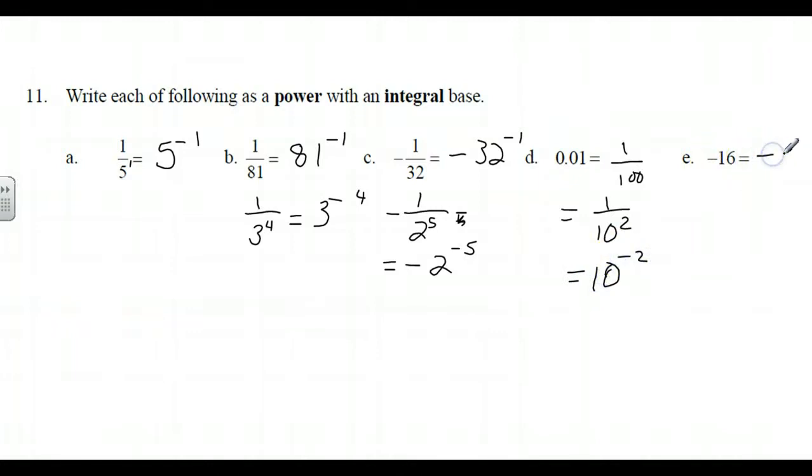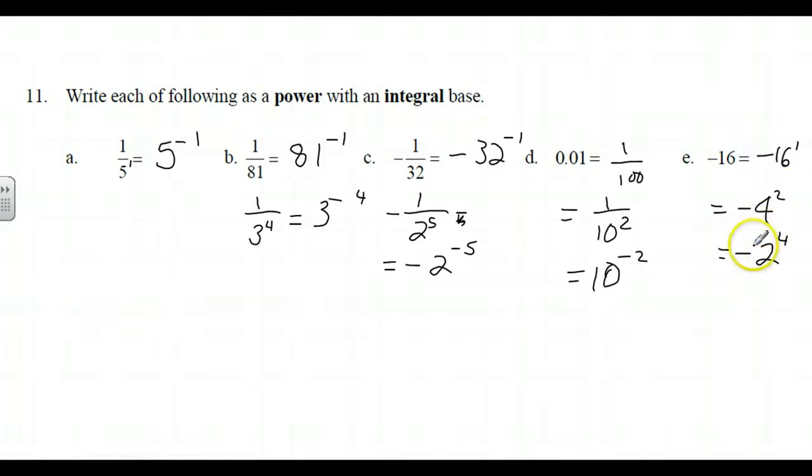Negative 16 is negative 16 to the 1. We could write that as negative 4 squared. We could write that as negative 2 to the power 4.